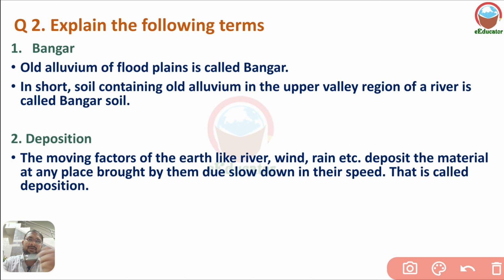When the speed of the wind or water slows down, the particles are deposited somewhere else. That process is considered deposition. जब speed कम हो जाती है तो particle इस जगह पर इकट्ठे हो जाते हैं, that process is considered deposition.